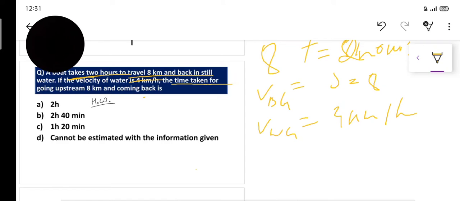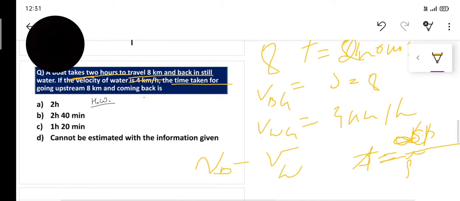Upstream means velocity of boat minus velocity of water. Now what is the time? Speed equals distance by time, therefore time t equals distance by speed.